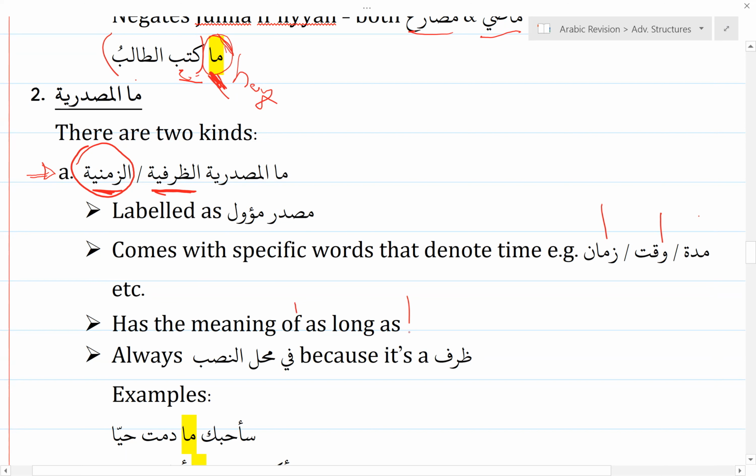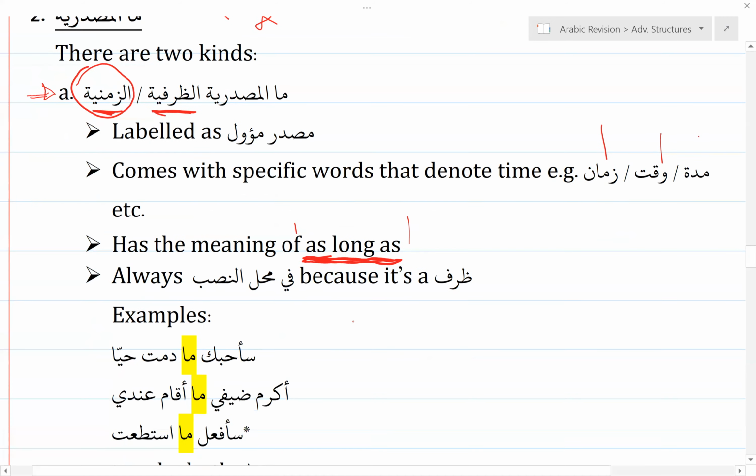So when you're translating this kind of ma, you will always translate it as long as. You don't translate it as what, you don't translate it as whatever, you don't translate it as something amazing, or how amazing, or the thing. You translate it as long as. This is the translation you're going to use, and we'll see how.